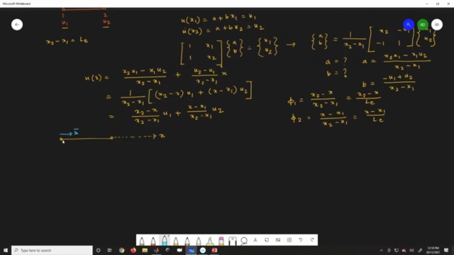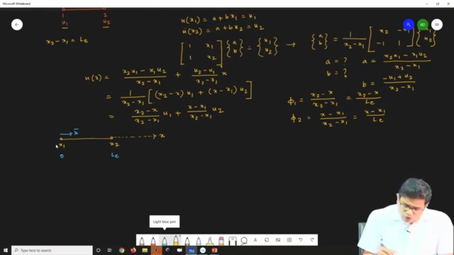This x1 is in the global coordinate system x, and x bar starts from 0, and this end is x2 minus x1, that is LE. Let me put it in a different color so that it is very clear. So now I defined a local coordinate system x bar starting from node 1 and ending at node 2.